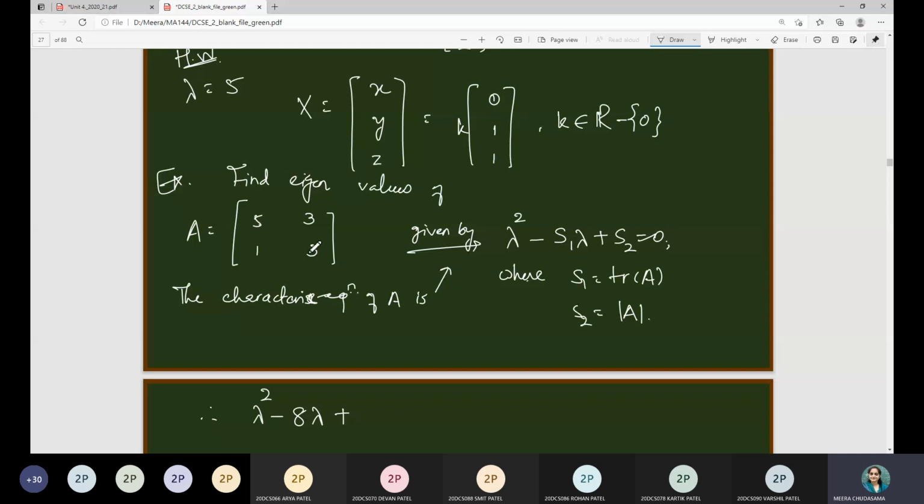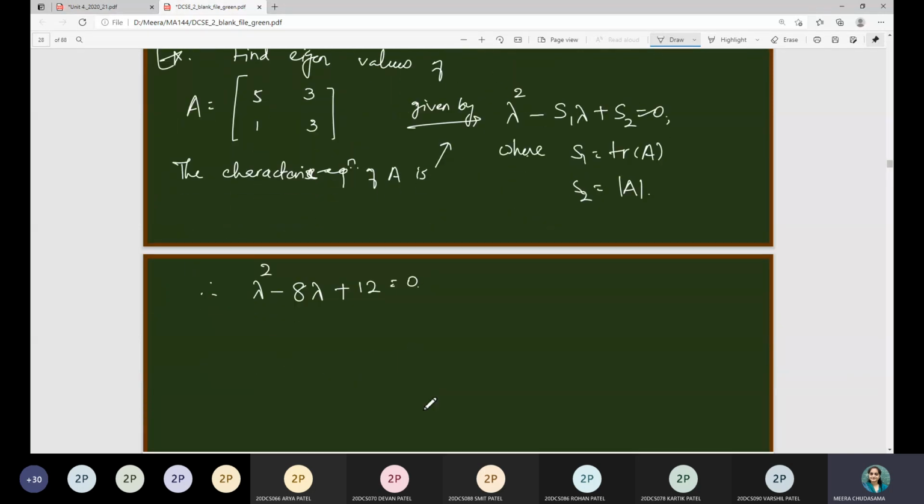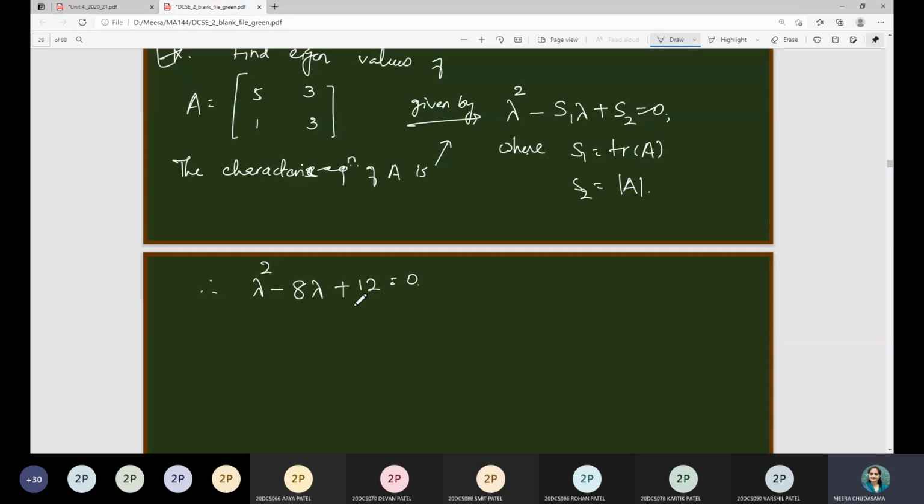The determinant is 15 minus 3, that is 12, is equal to 0. If you solve this, 12 can be factorized as 6 and 2, such that their sum is 8. Therefore, eigenvalues are 2 and 6.